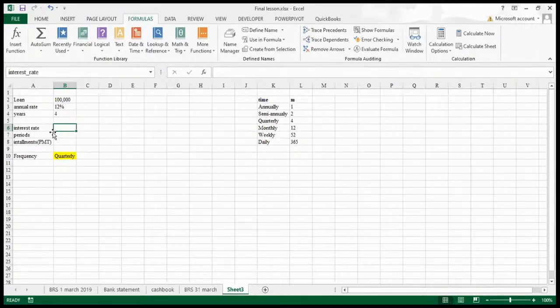So we will say equal to, in the interest rate part, equal to IF, click my tab button, if frequency here is equal to this, comma, then it should take the annual rate divided by the frequency of payment, which is this.